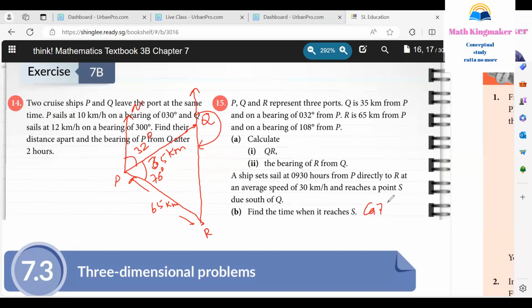Cos 76 would be 35 square plus 65 square minus QR square divided by 2 into 35 into 65. What is cos 76? Cos 90 is 0, so it will be around 0.16 something.